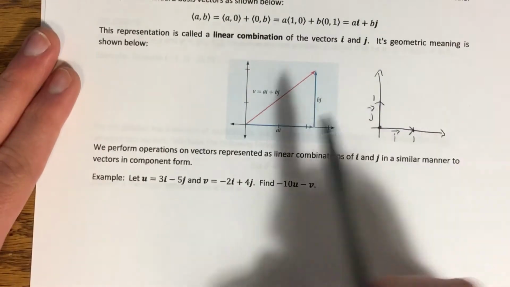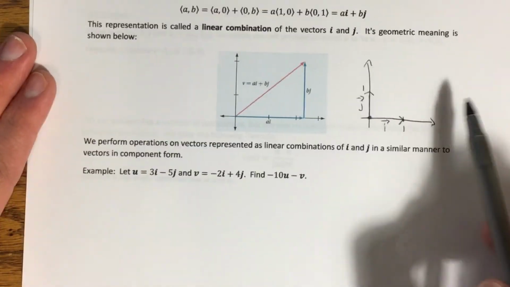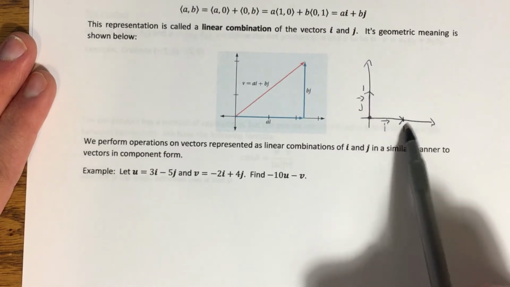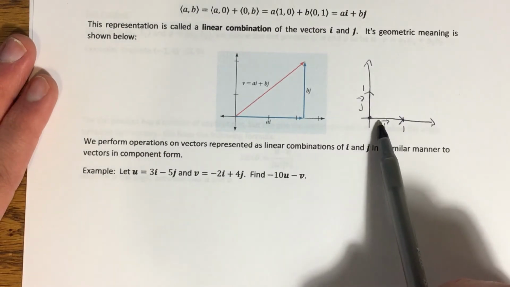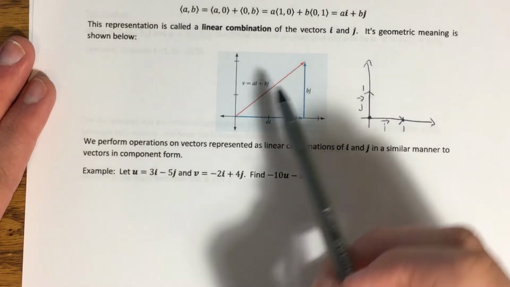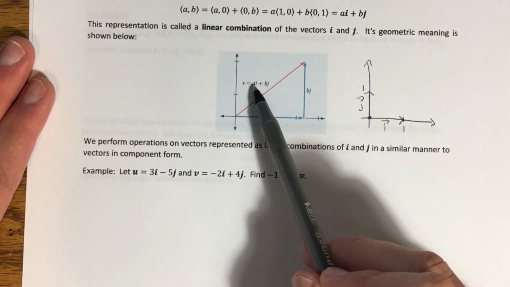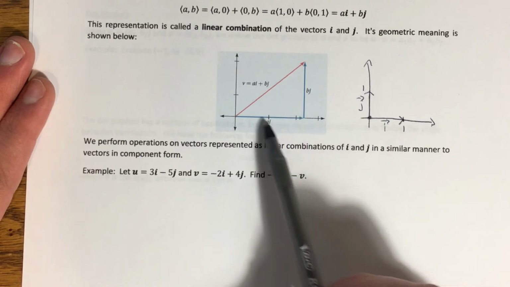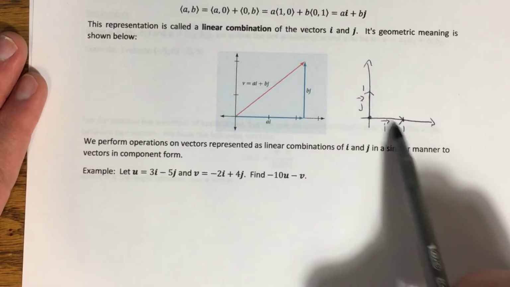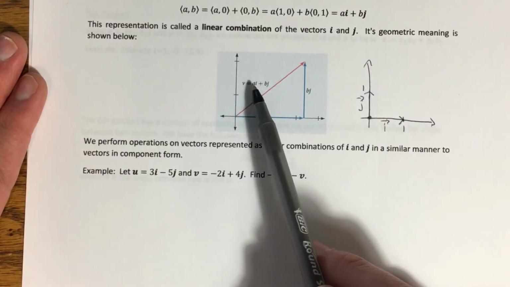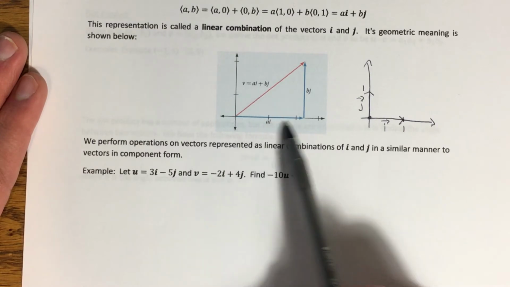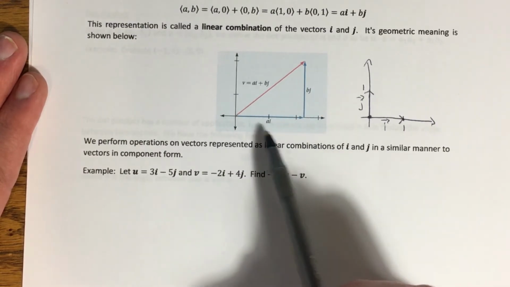Okay, so geometrically, here's what's happening. Notice I and J are on the X and Y axes specifically. If I want to represent the vector V as a linear combination of I and J, AI plus BJ, what it's doing is taking the vectors I and J and scaling them by A and B, so it stretches or compresses them depending on what A and B are.